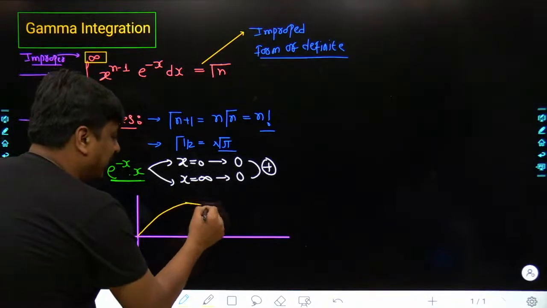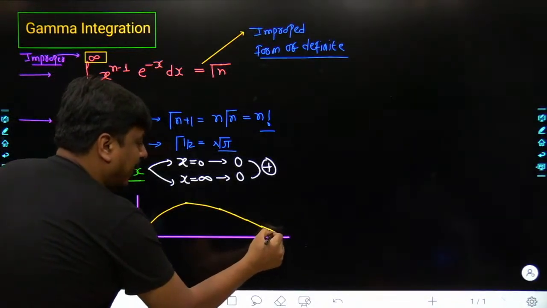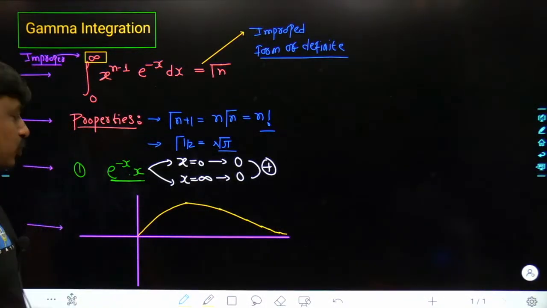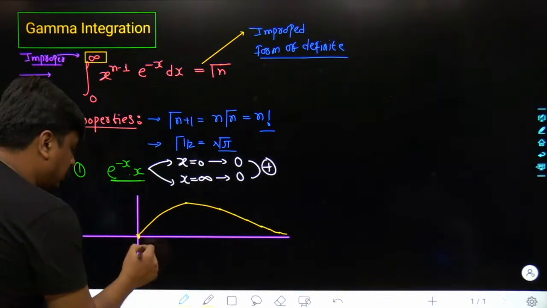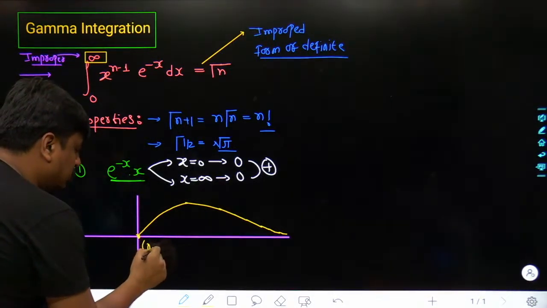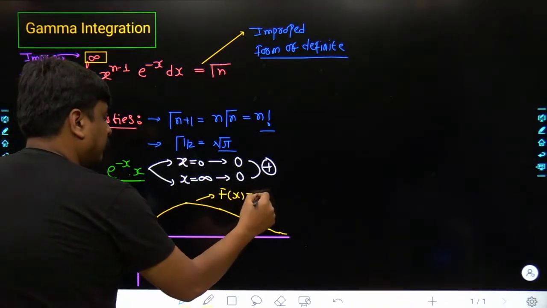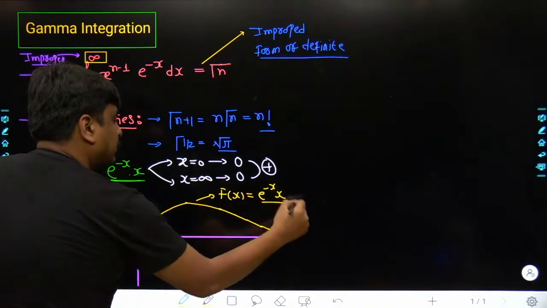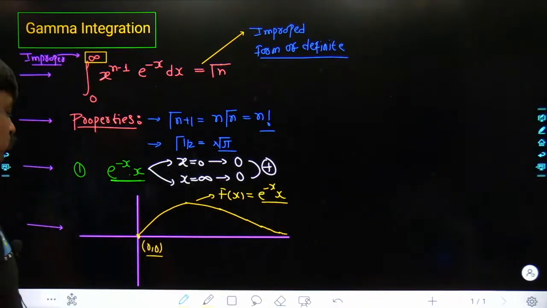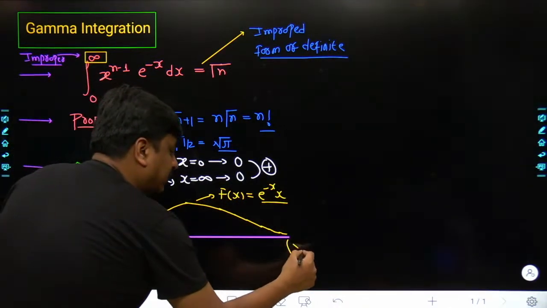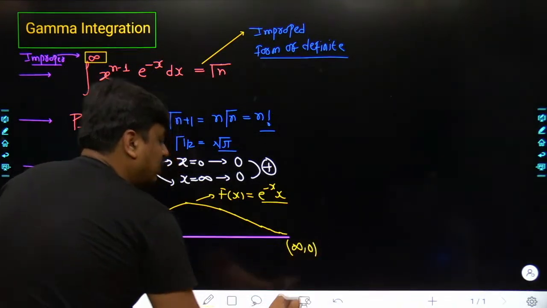That you can easily find with the help of the concept of maxima and minima. This is the function e to the power of minus x into x, and as the value of x goes towards infinity, the value of the function again becomes 0.